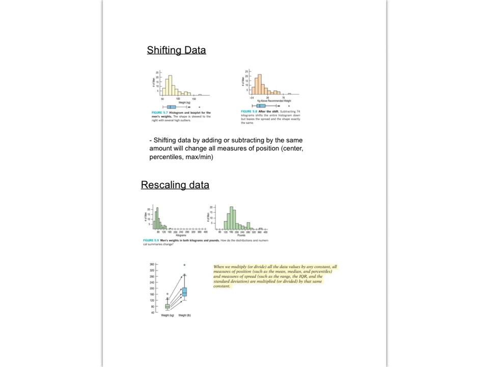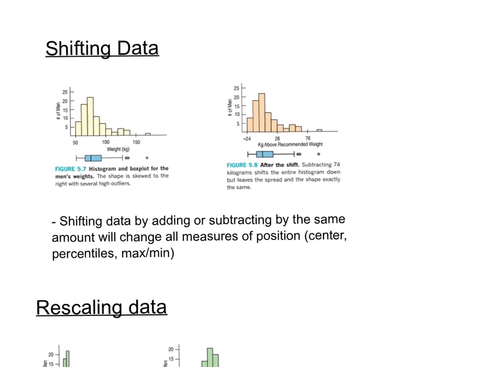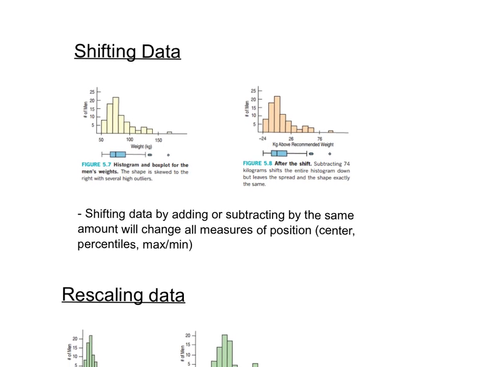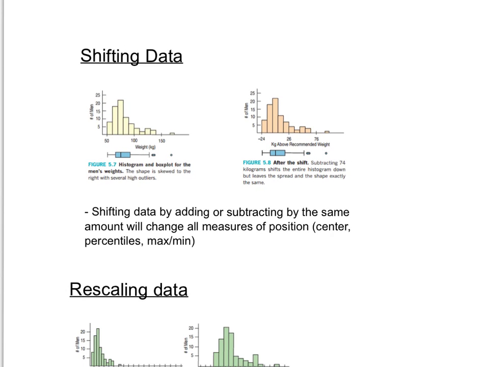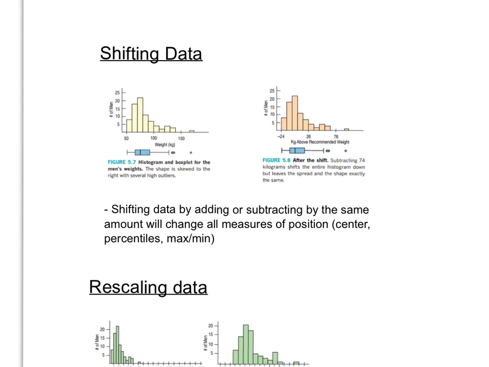Alright, something again to be careful of with histograms versus box plots. If you shift data by adding or subtracting the same amount, so say you're adding 5 to all your data points, it will change all the measures of position. Your center, your percentiles, your max, min, everything is going to change. Your IQR, your standard deviation.